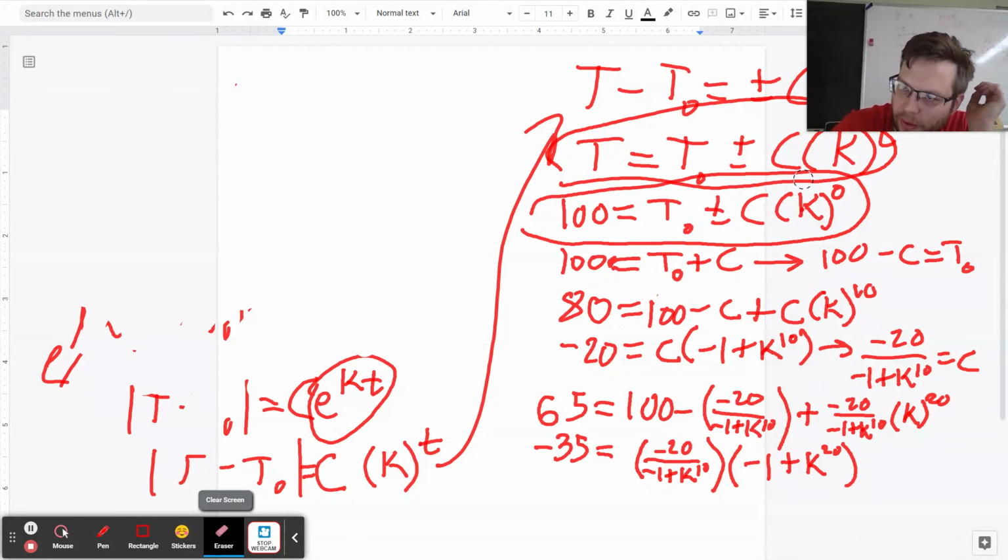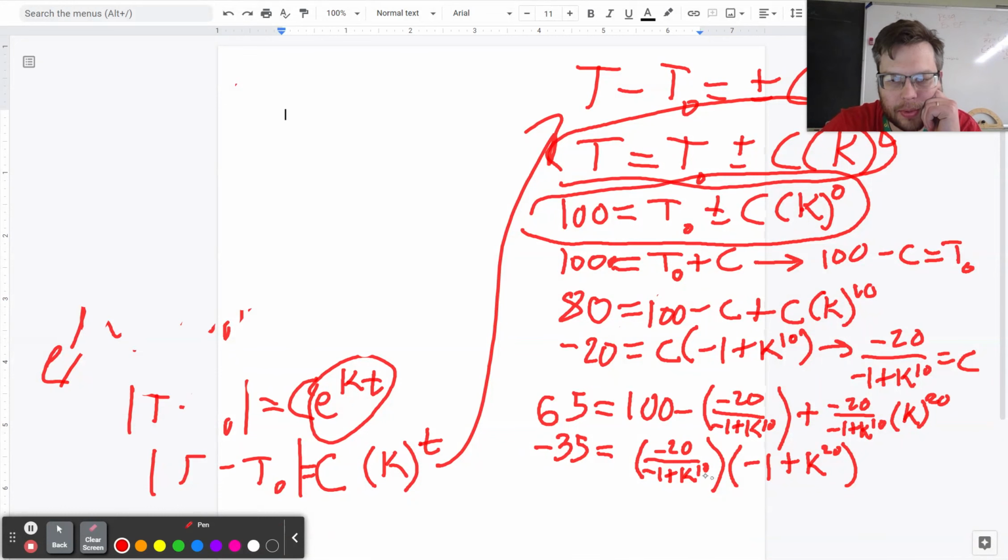All right, so let's do this. I'm going to multiply. I want to get rid of something here. I'm going to multiply both sides by negative 1 plus K to the 10th.